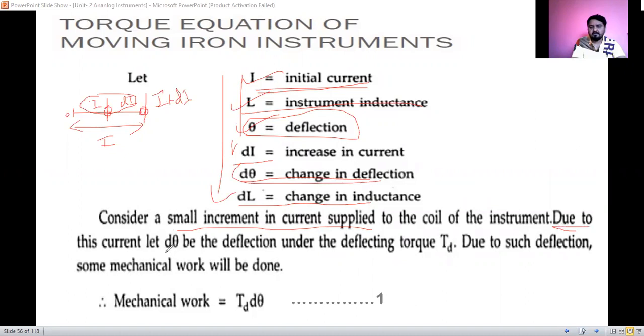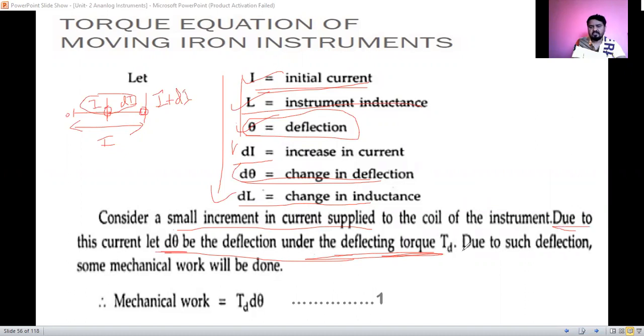Let d theta be the deflection under the deflecting torque. Because of this change in the current, the pointer deflects, and under this deflecting torque the deflection occurs, called d theta.